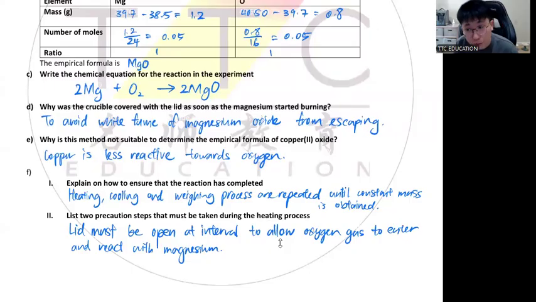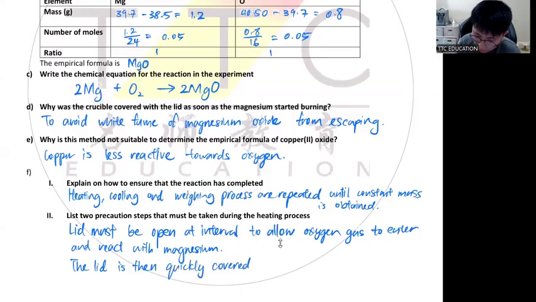Then we have to close it back. So the lid is then quickly covered to prevent escaping of white fume.